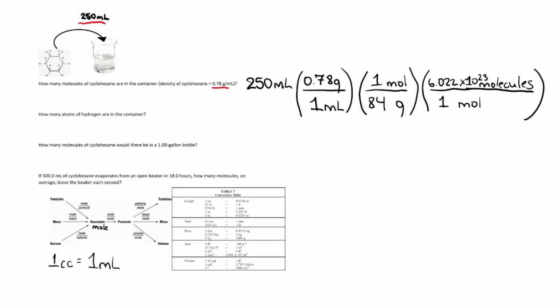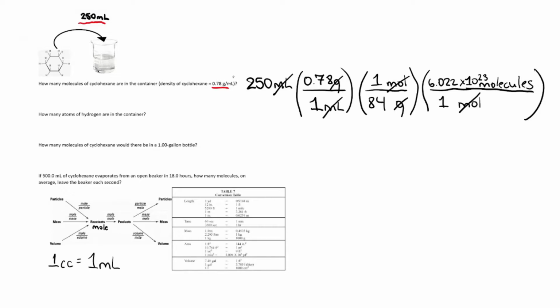Okay, now we're in the unit that the question asks. Now we go through and we cancel units until we get to the unit that we want. So we can cancel milliliters because you have milliliters in the numerator and milliliters in the denominator. We can cancel grams, we can cancel moles, and we're left in molecules.